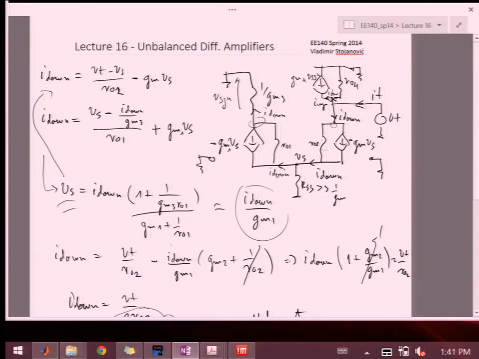Then, if I looked from here, I would have really seen essentially just this RO2 in parallel with RO4. Right? So the currents from these two sources would be taken out. Okay? So that's sort of another way to look at it.